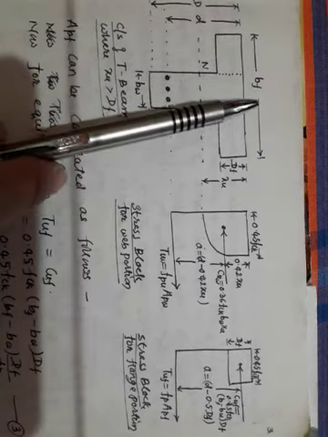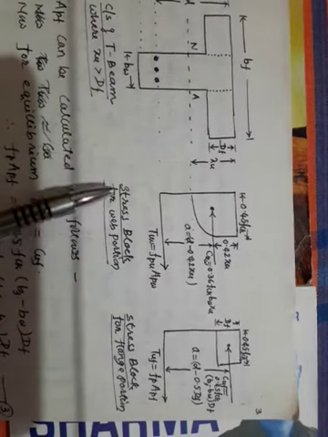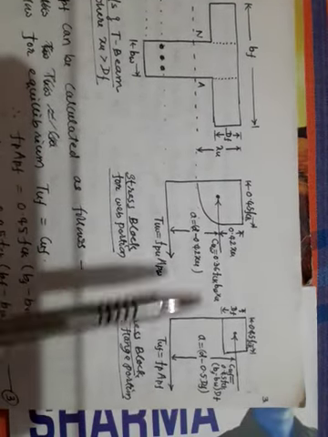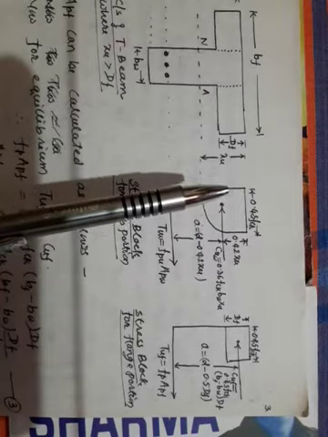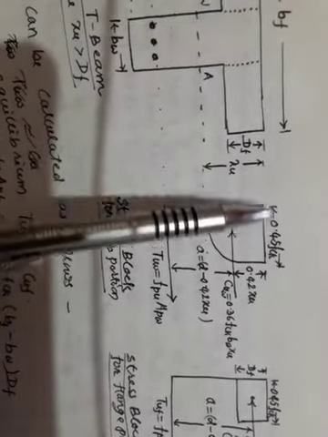For this web portion, I can draw the stress block. The stress block for the web portion is just as you did in your previous case. It is a rectangular parabolic stress block, with 0.45 FCK, absolutely no difference at all.